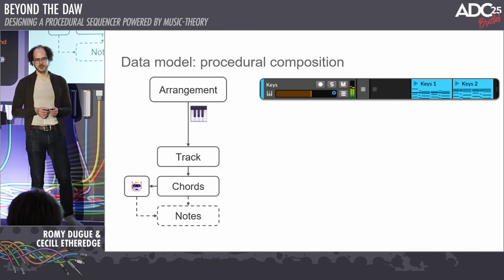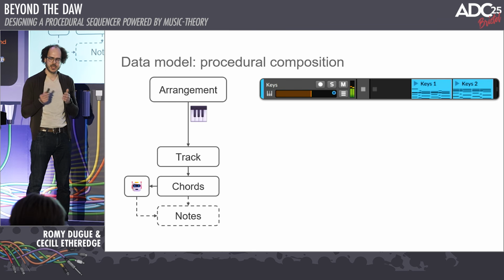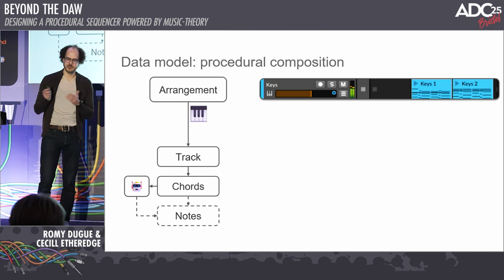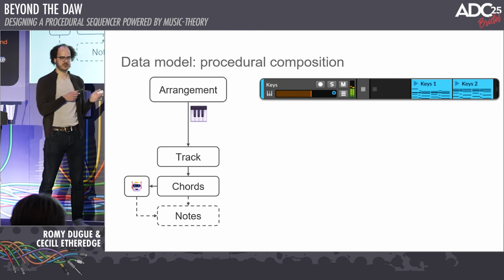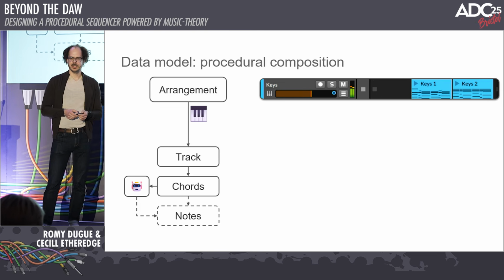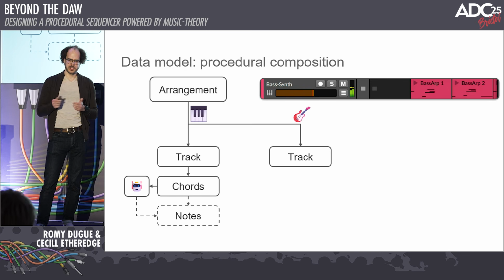And why does this matter? Well, it matters because let's say I was trying to compose a song, and I started out with my keys, my piano track. I have these chords laid out. I have my track chords and transforms generating notes. Now, let's say I wanted to add a bass, right? I would make another track, like in another sequencer.